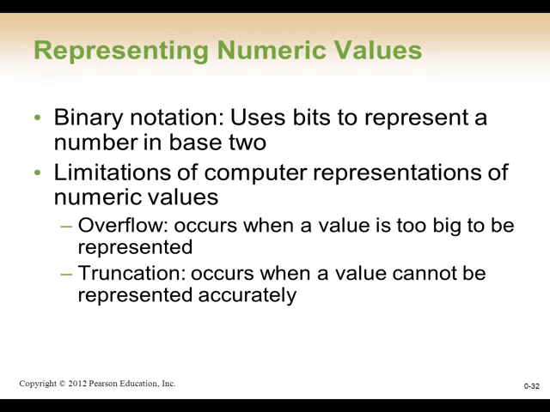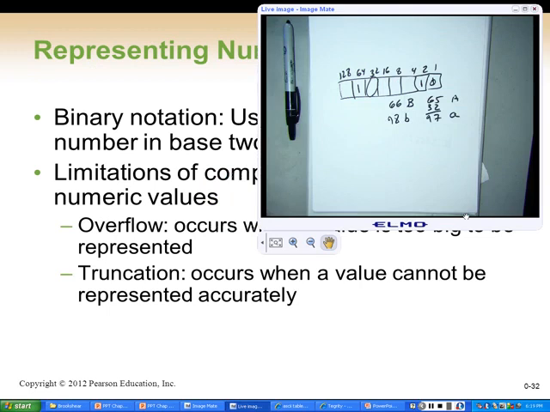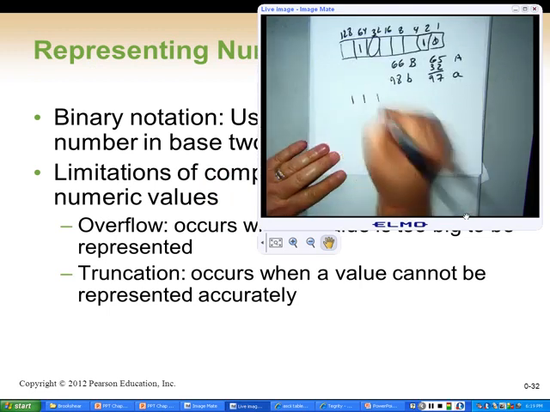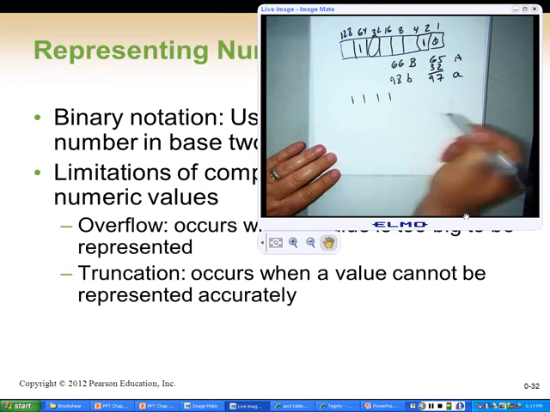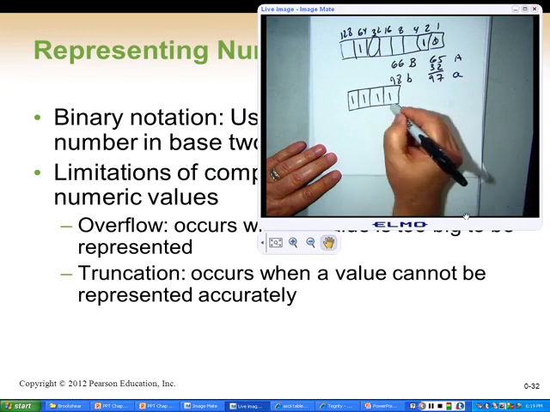So we are using binary, which is base 2. That means I don't have the number 2. Base 2 doesn't have the number 2. It has zeros and ones only. Let's say I'm going to use only 4 bits. If I'm using only 4 bits and I add 1 to this, what's going to happen?